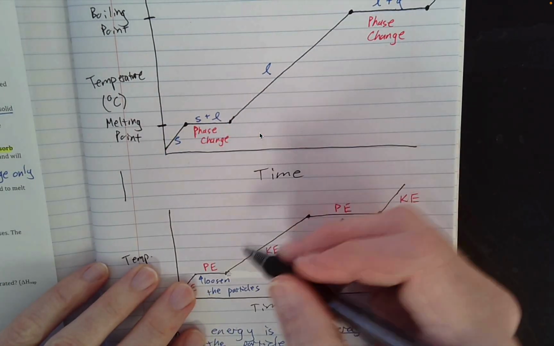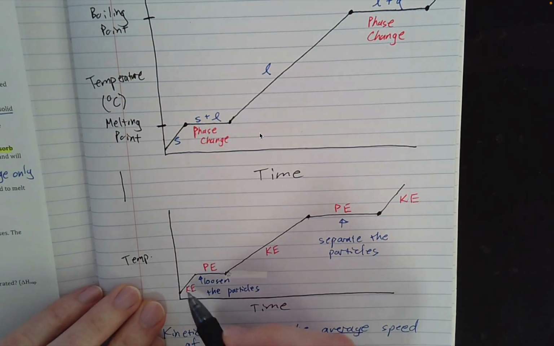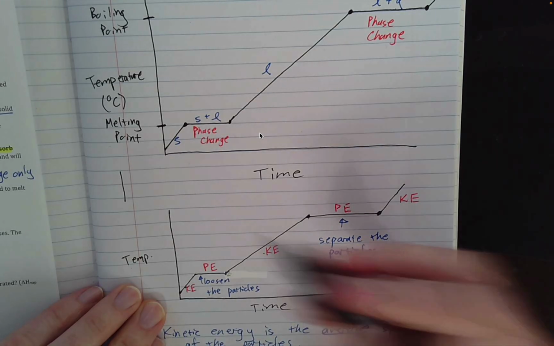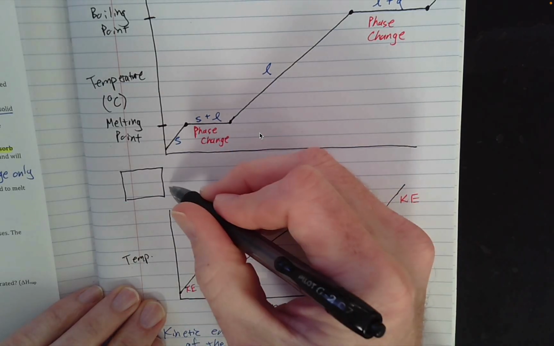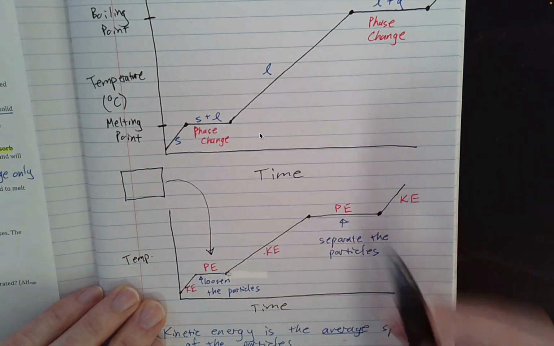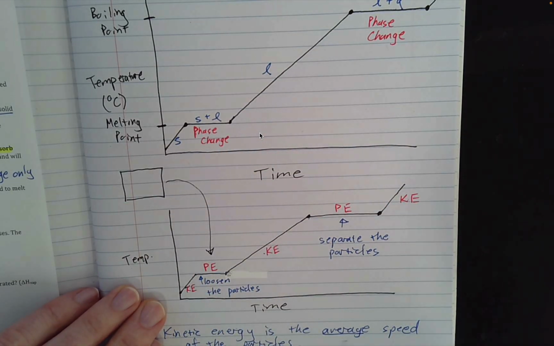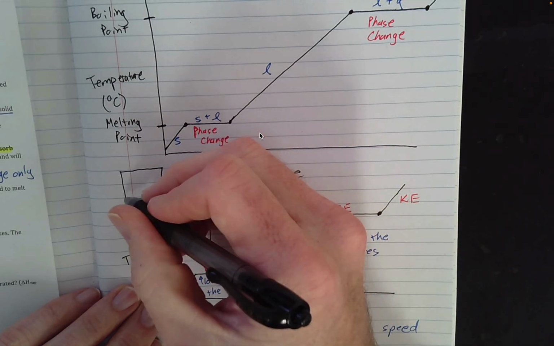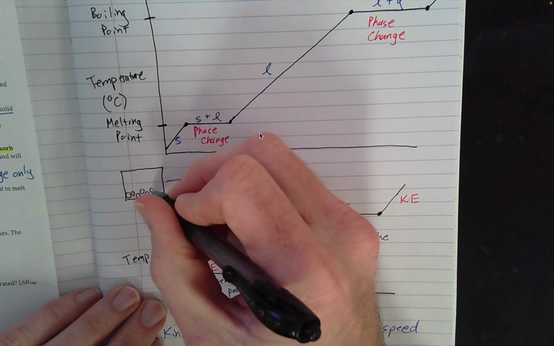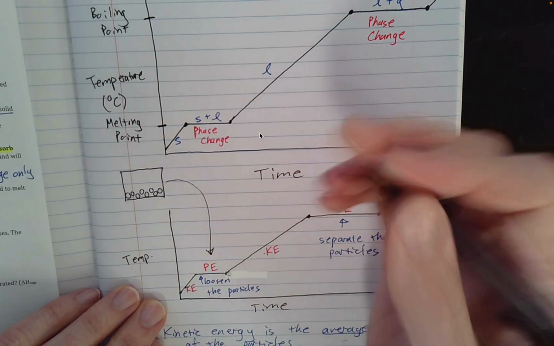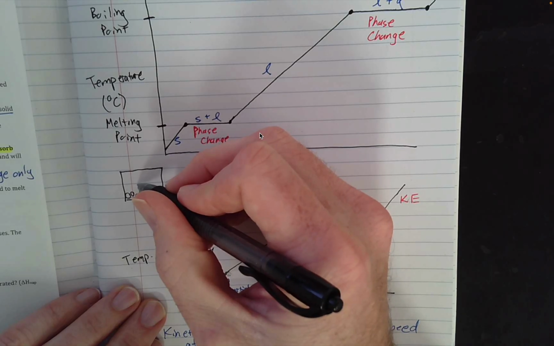I'm going to draw a particle diagram of, you guys know how to draw particle diagrams of solids, liquids, and gases. We've done that before. But what if we were to draw a particle diagram of this place right here? What would a solid and a liquid look like at the same time? Well, take my advice, draw a liquid like you normally would, and let's draw that block of ice, right?